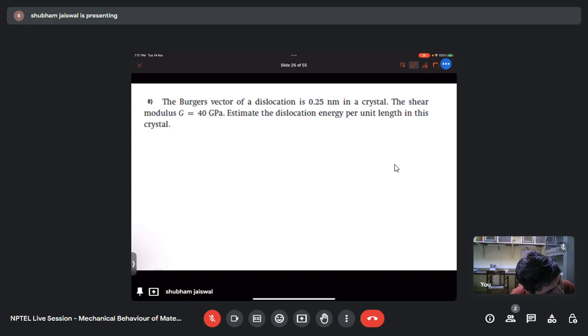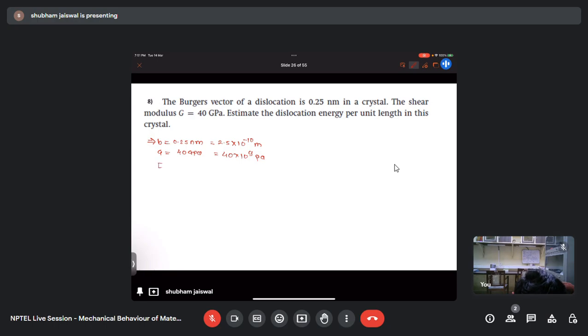We have the Burgers vector given, B equal to 0.25 nanometer or 2.5 into 10 to the power minus 10 meter. The shear modulus, that is G, is 40 GPa or 40 into 10 to the power 9 Pascal. And what are they asking?